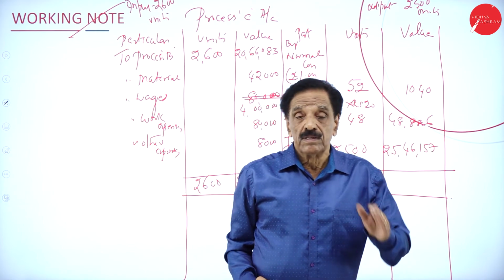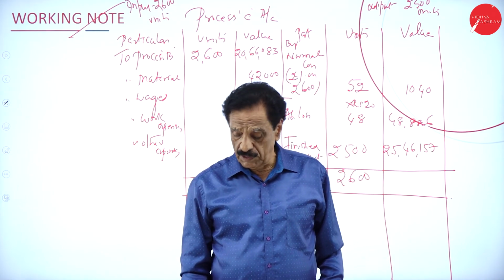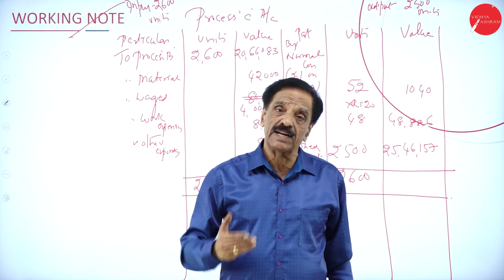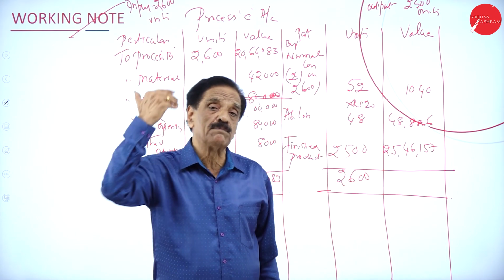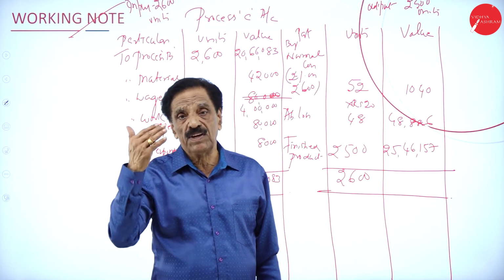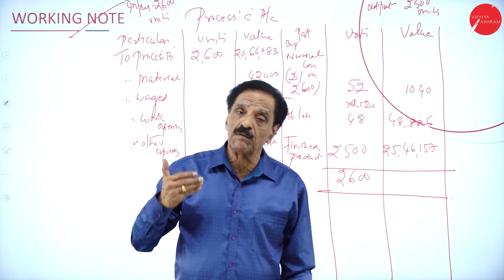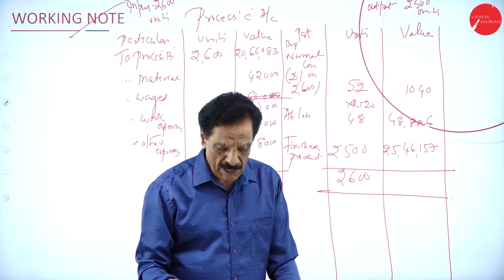So the closing value of process A, that is the finished product of process A, becomes the raw material for process B. The finished product of process B becomes the raw material for process C. It goes on.